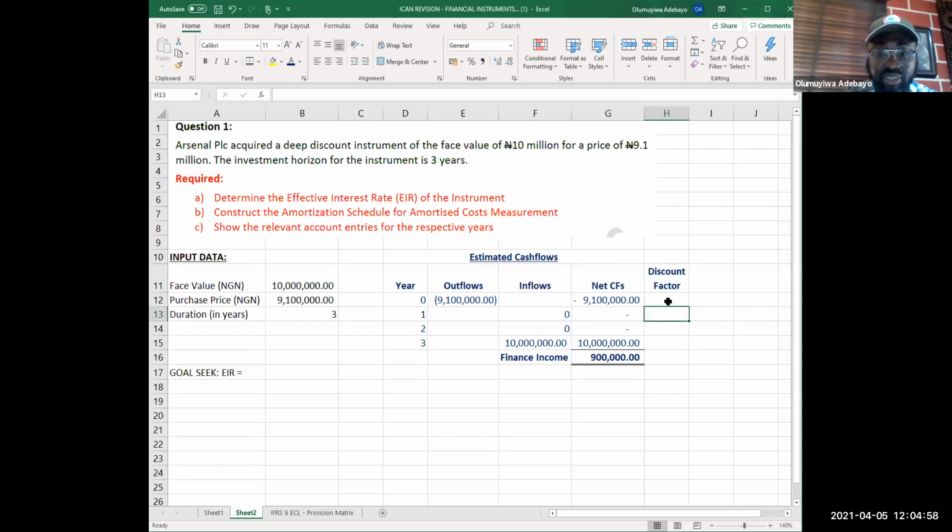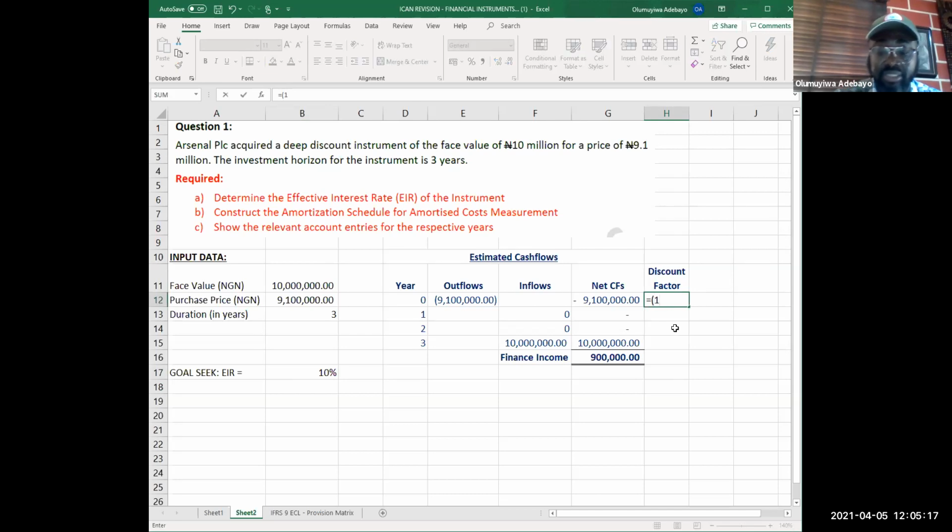Now, the discount factor is such that, let me just assume my discount factor is 10%, for example. It's similar to trial and error. Let me just say 10%, but I might not even guesstimate anything.